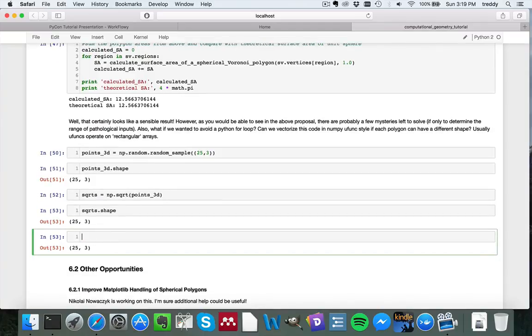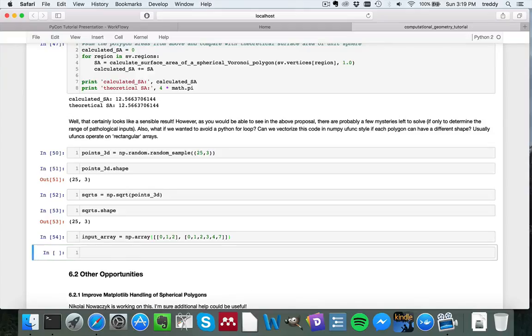But the problem with polygons, if we wanted to leverage the fundamental vectorization scheme in a similar fashion, is that polygons can have heterogeneous shapes, right? So our input data might look like 0, 1, 2 for one polygon, and then 0, 1, 2, 3, 4, 7 for another polygon. And then we have our input array equal to numpy.array of that.